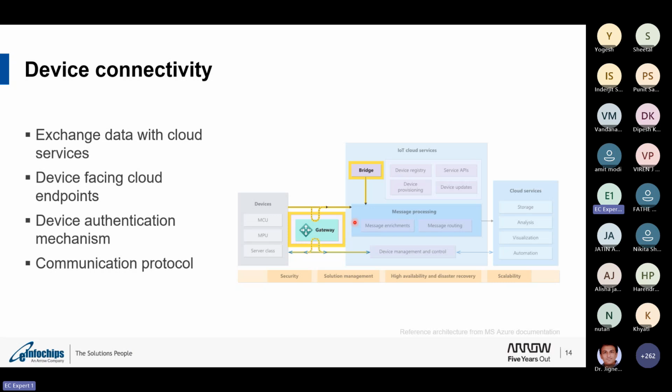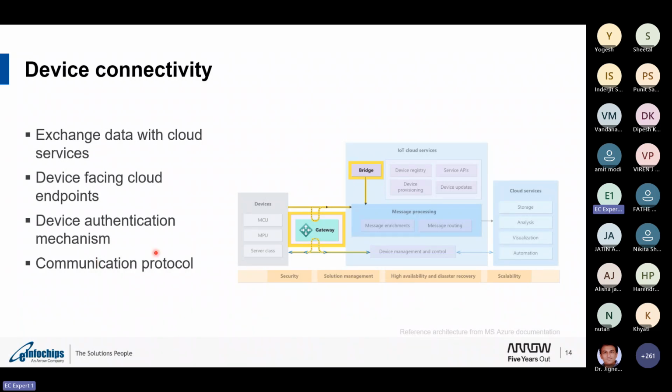And that certificate is being communicated to the cloud through the device provisioning service, which in turn authenticates the device and allows the communication back to the cloud. So we talked about exchange, cloud endpoints, authentication, and communication protocol through the use cases.